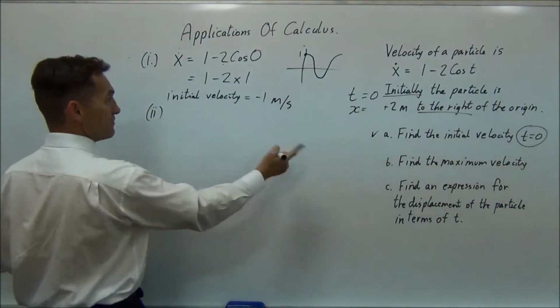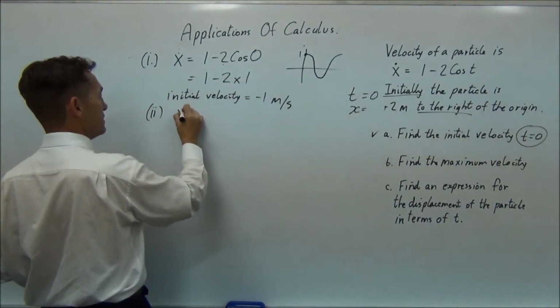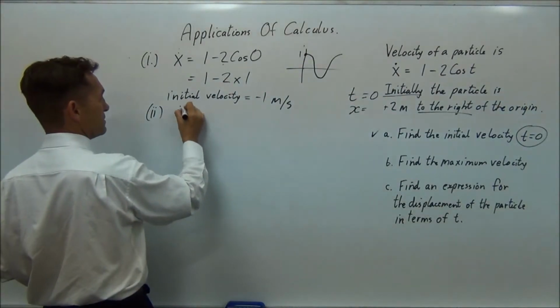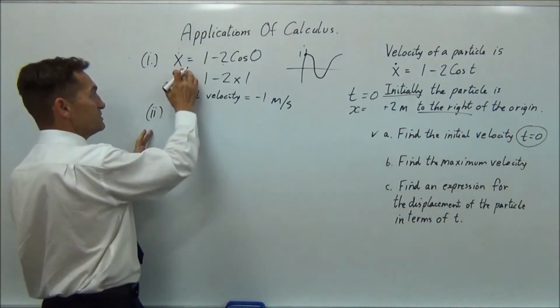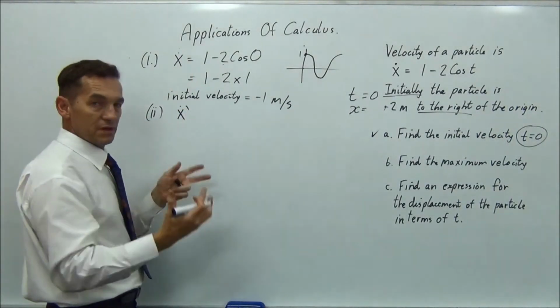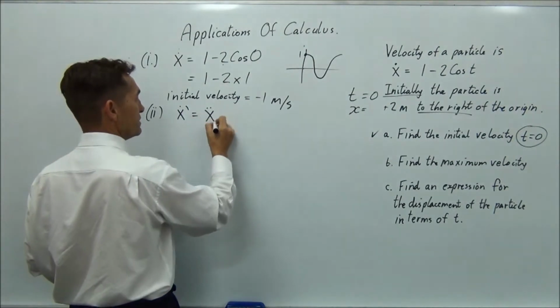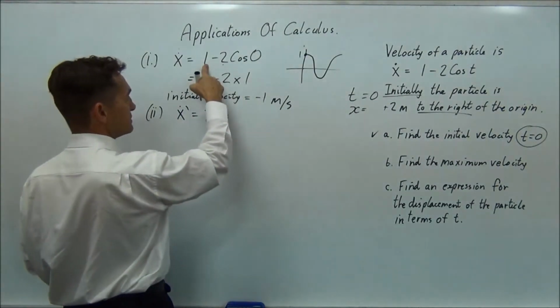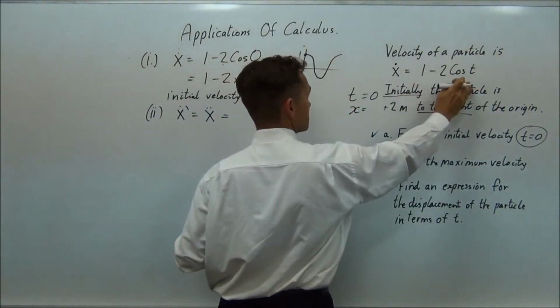Okay, so there's our velocity equation, so let's differentiate it. If we differentiate that, what do you get? Well, I just told you before, if you differentiate velocity, you end up with acceleration. So we're actually finding the acceleration. Differentiate the 1, you get 0.